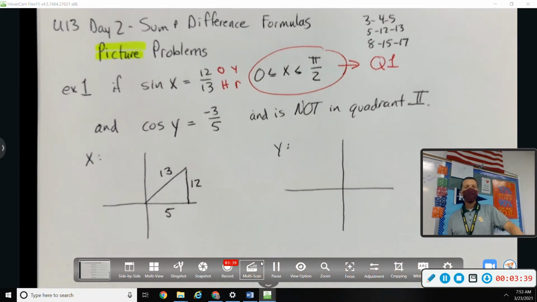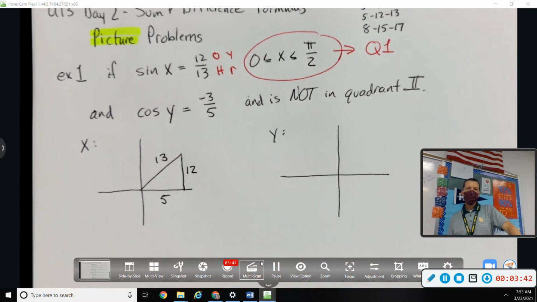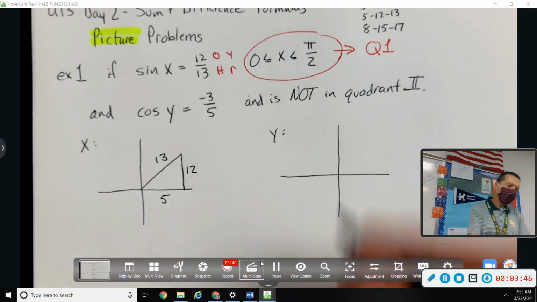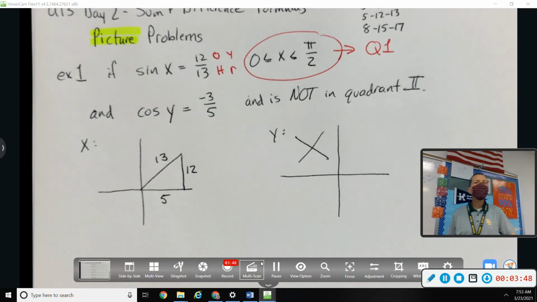All right, next let's draw angle y. What quadrant? Well, it's not in quadrant 2, that's for sure. So how do I know what quadrant it's in? I see a few people showing me with their fingers.